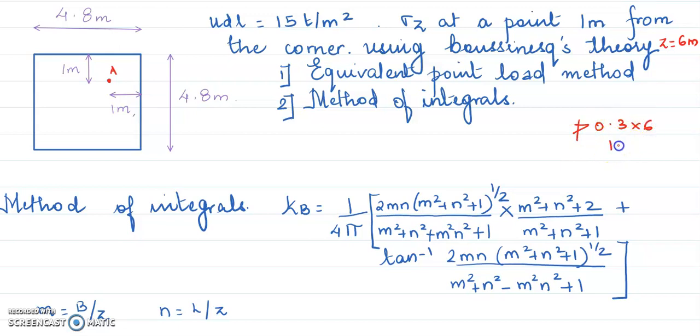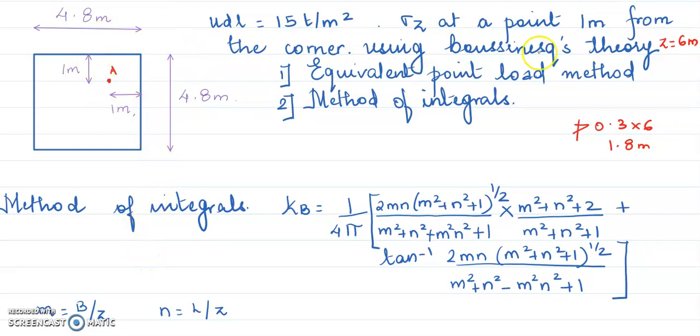That is, no dimension should exceed 1.8 meter. So you divide it into multiple parts, and you have to find the distance of the centroid of each part from this point A.